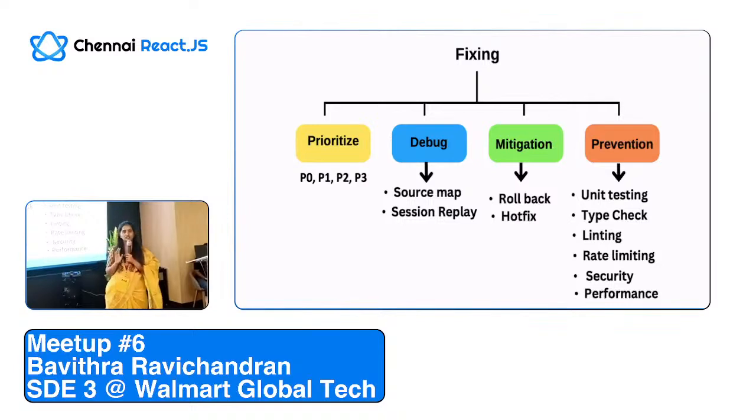And mitigation: if we are on the mitigation step, what do we need to do to resolve it? First one is rollback. We are already releasing section by section, tag by tag, so if anything has happened, we roll back to the previous version.